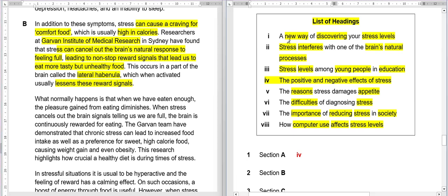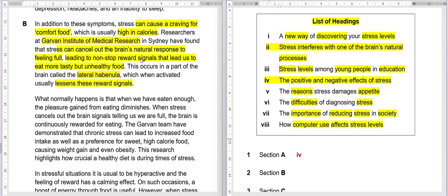A, the first option: a new way of discovering your stress levels. Is there any mention of a new research or a new way that we can find out about our stress levels? No. Second: stress interferes with one of the brain's natural processes. Is there any mention of stress interfering with the brain's natural process? Yes, there is.